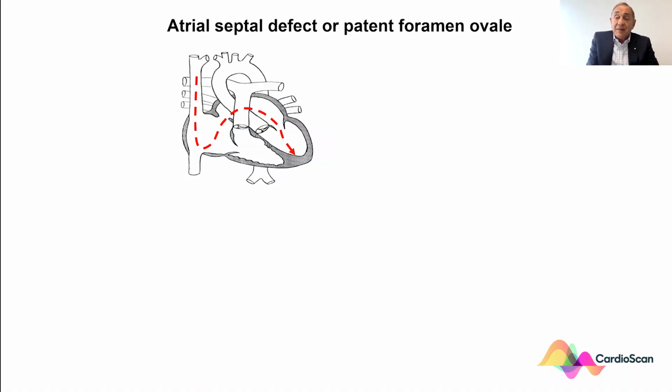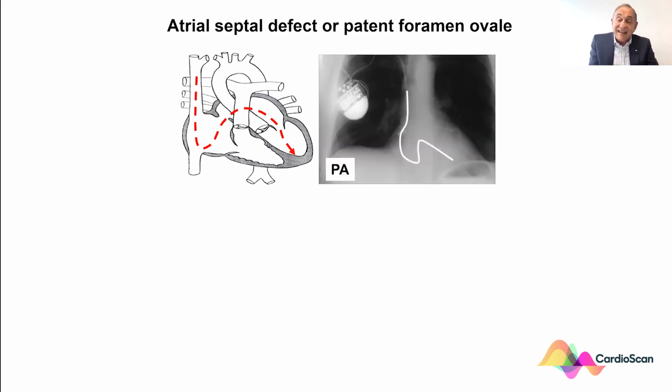What about an atrial septal defect or a patent foramen ovale? The lead then is passed into the right atrium, crawls up the septum until you find the atrial septal defect, and passes then into the left atrium and then into the apex of the left ventricle. And here is a classical chest X-ray.